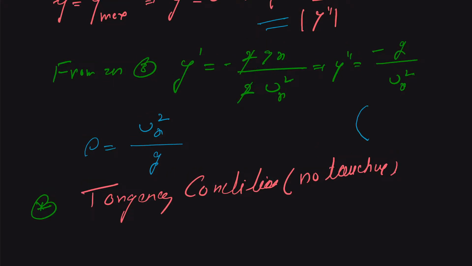So we can just draw an approximate figure for that. This was the cross section, and our projectile was like something like this. It is not going to touch, but it is going to behave like a tangent to the cross section.